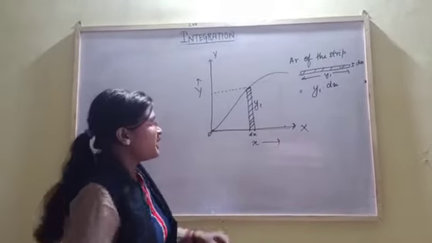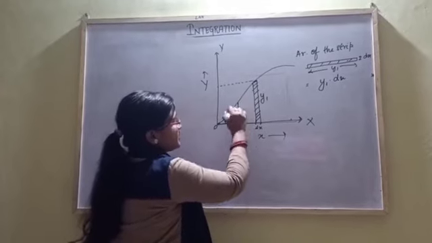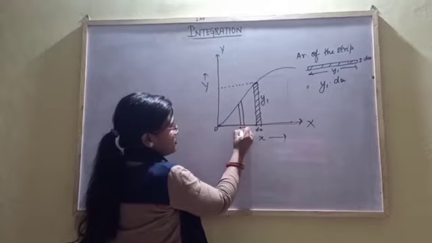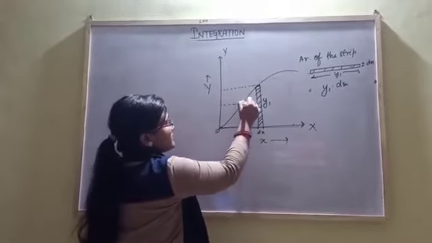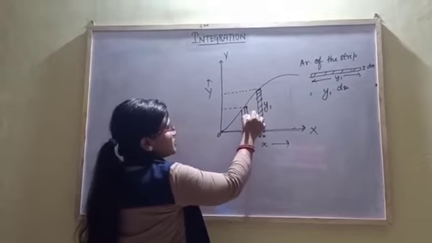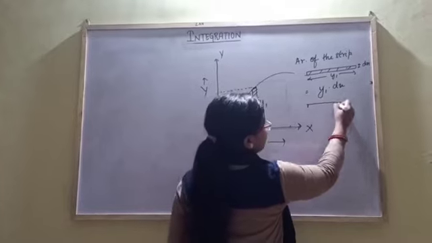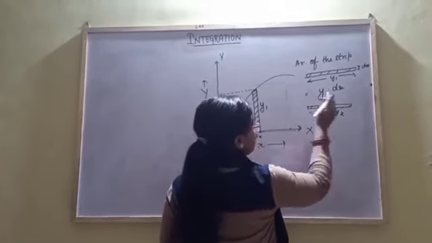Clear? If I ask you to find the area of this curve and you take another strip like this, it is also of breadth dx and length, suppose y2. Clear? So you can find the area of this strip as y2 dx.